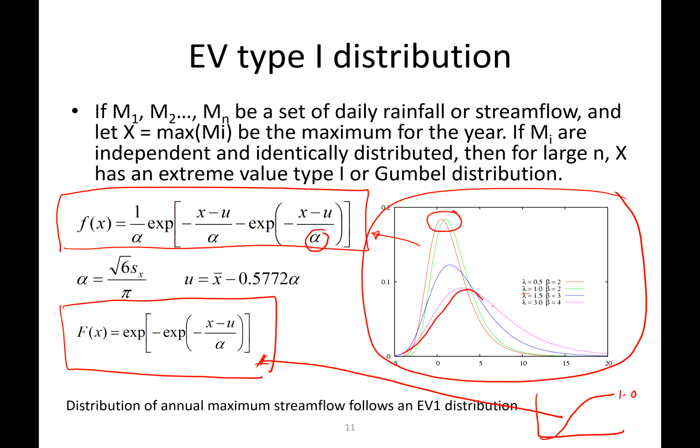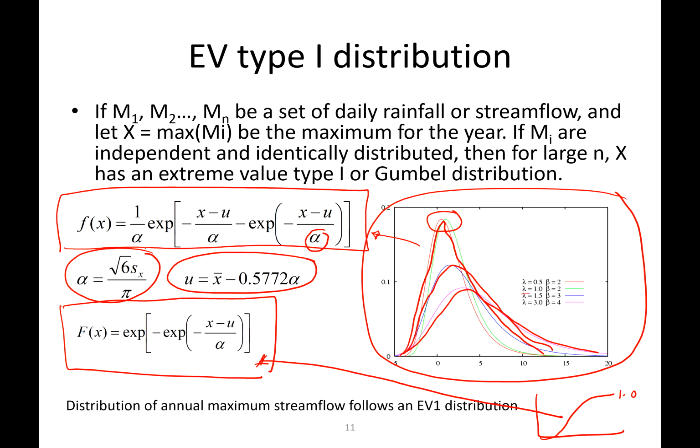This has a different scale parameter, this has a different scale parameter, and this has a different scale parameter. Again, location parameter is related to the mean, and the scale parameter is related to the standard deviation. And this is sort of self-explanatory. When you change the mean, this gets shifted, and when you change the standard deviation or the variance, you can see there is more scatter in the data and the distribution gets stretched.